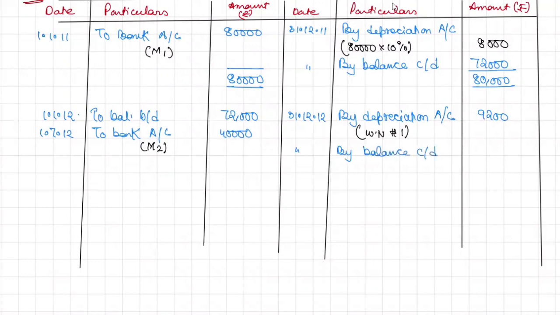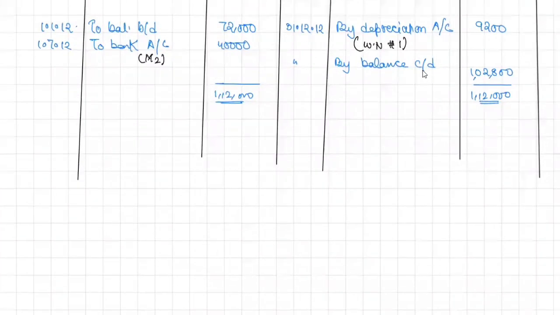What will it come to? 1,12,000 minus 9,200 means 1,02,800. Correct. This much is agreed by you all. I hope so. Correct. I will move on to year 3.